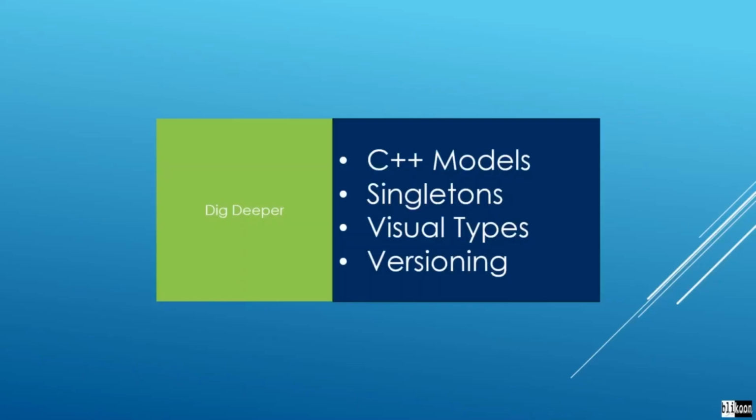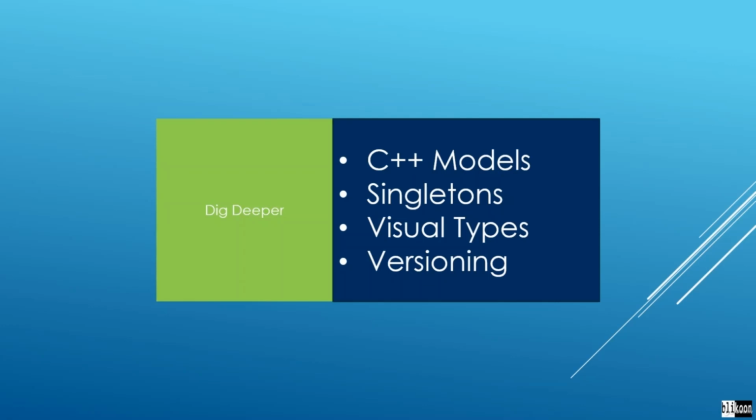Okay, I also have a few things I would recommend you read about if you want to dig deeper in this topic of interfacing C++ to QML. Using custom C++ models is a very interesting topic because it is going to allow you to take advantage of the model view architecture that is already available and mature on the C++ side of Qt, and you can take full advantage of it without really doing too much work.